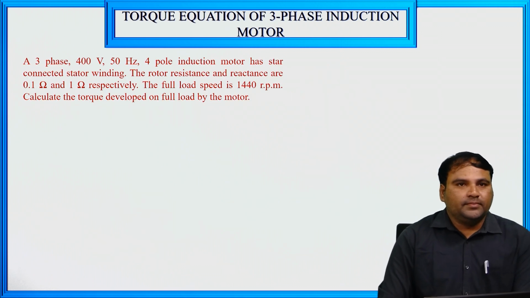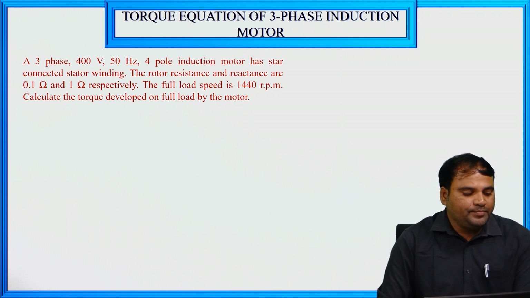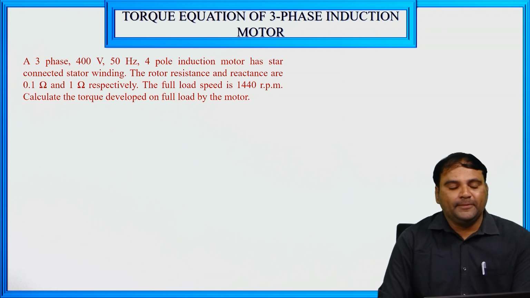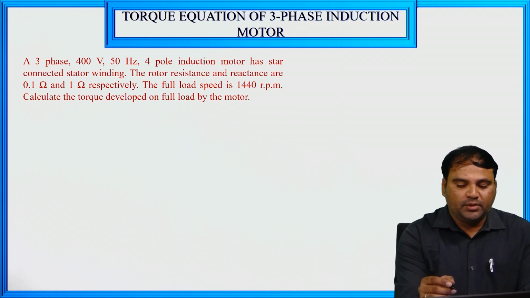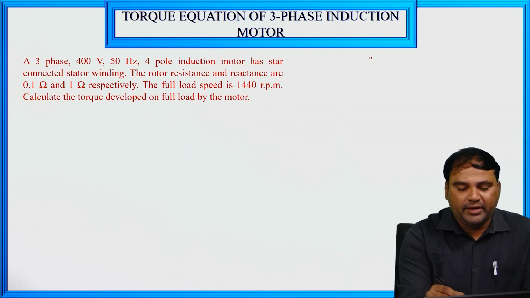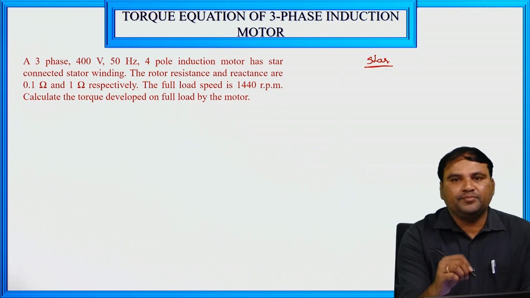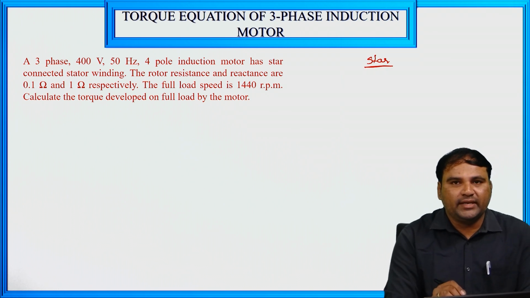So here we have one problem: a 3-phase 400 volt 50 Hz 4-pole induction motor has star connected stator winding. Before that, we will discuss one point here. If it is a star connection, what is the relation between the voltage and the current?